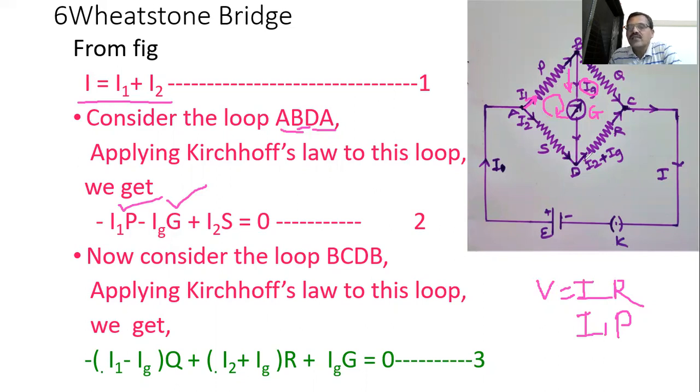Now, let's go from D to A. The direction of tracing is from D to A, but the direction of current is from A to D.